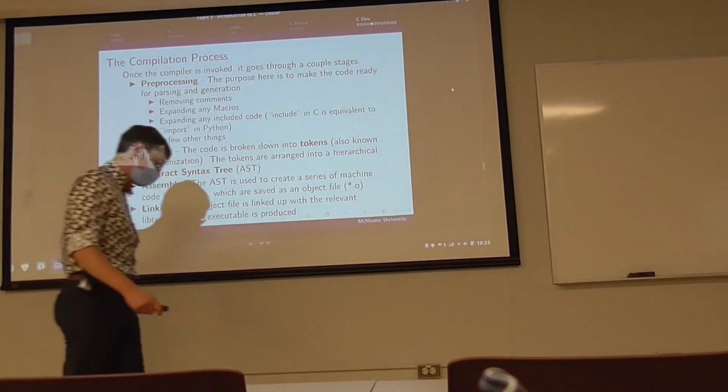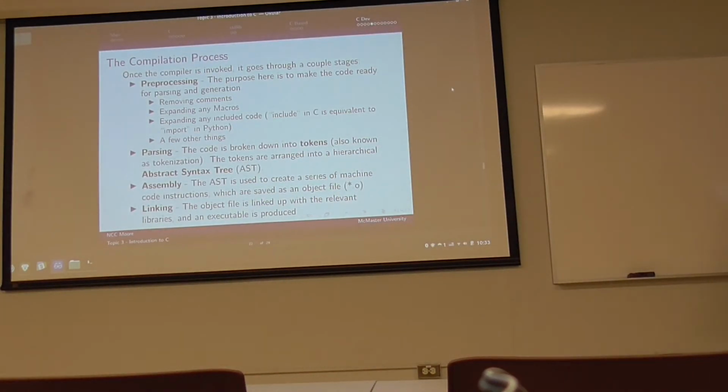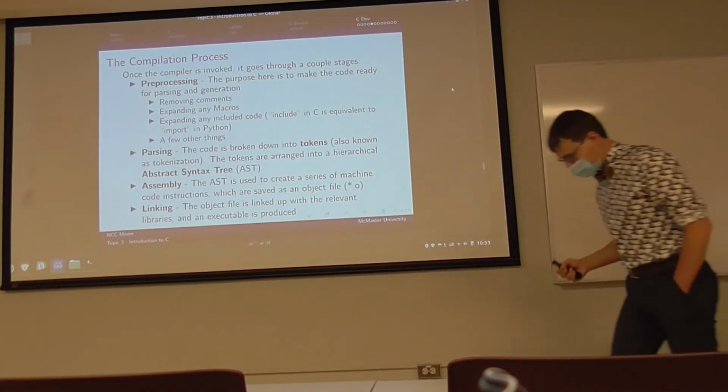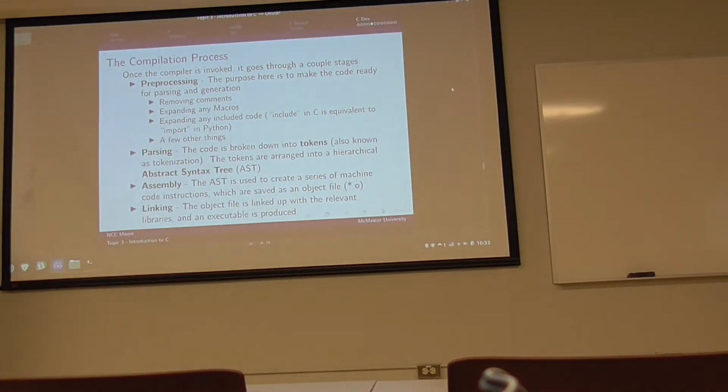So this is how the computer works, right? This is how something like printf gets invoked. The code that constitutes the printf function is never directly copied into your executable, right? What happens is your executable is linked to that library function.